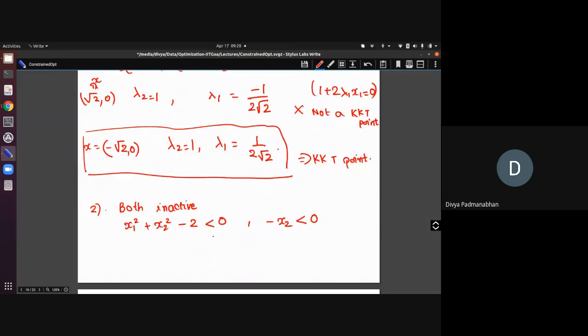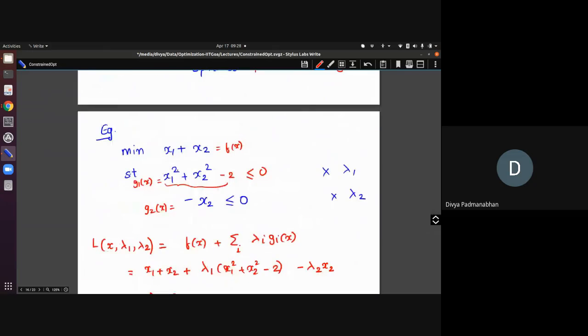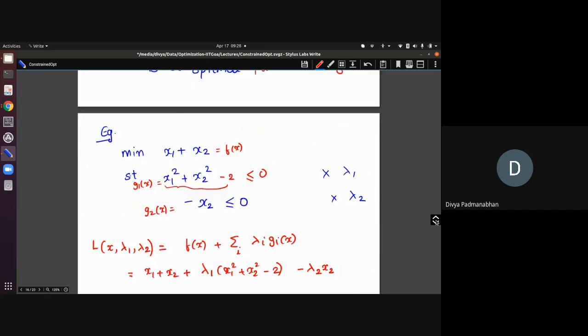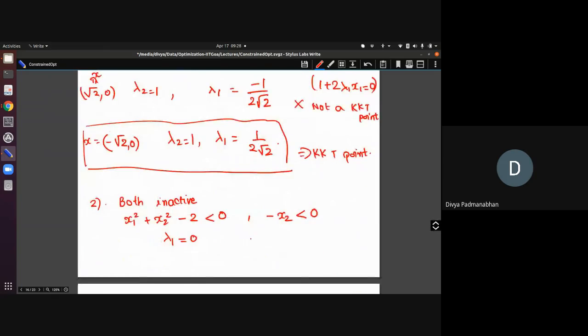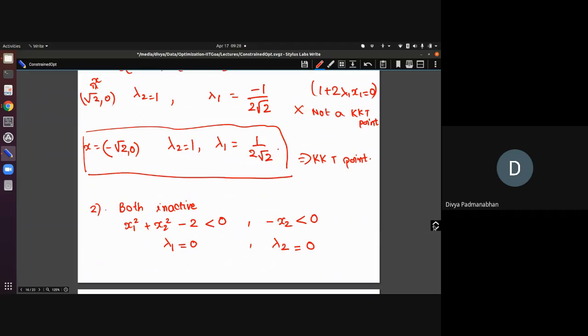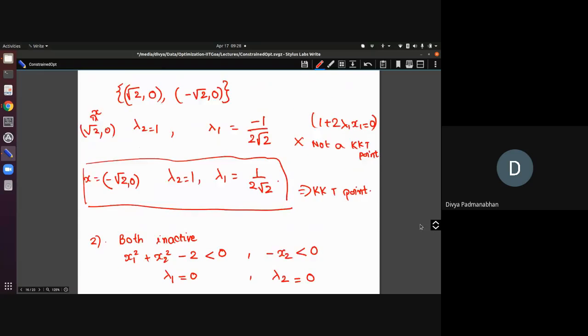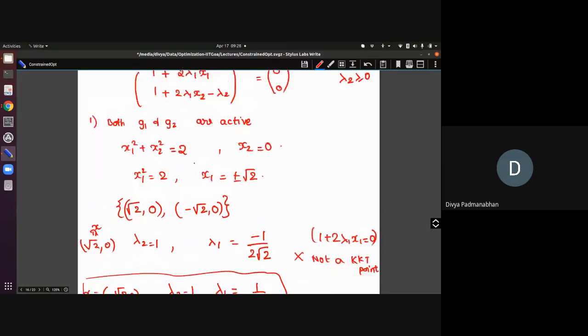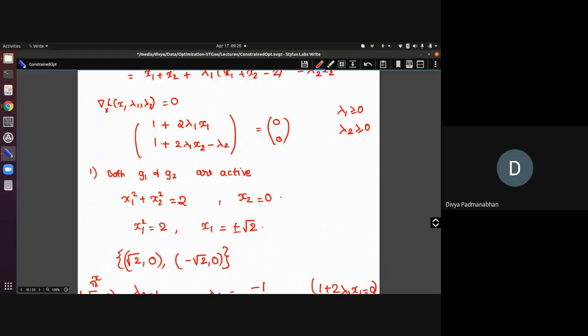Because of complementary slackness, since both are less than 0, you must have lambda 1 is 0. Lambda 1 is the multiplier corresponding to the first constraint, so lambda 1 has to be 0, and also lambda 2 has to be 0. Remember that these won't show up when you take the gradient of the Lagrangian. Now can you tell me what these x's would be? Can we see what these conditions boil down to now?